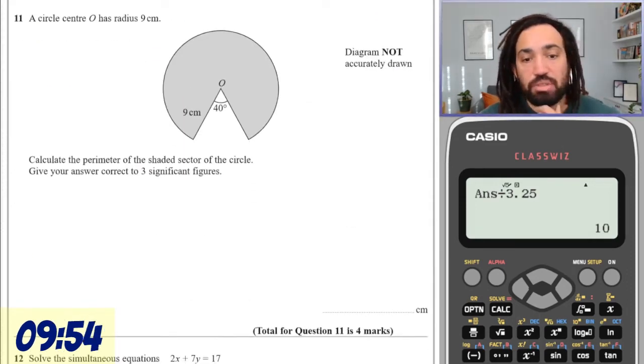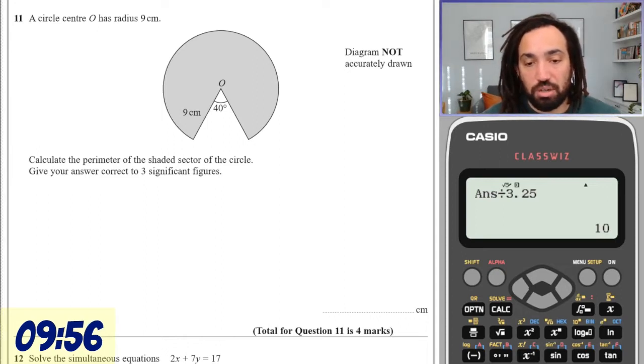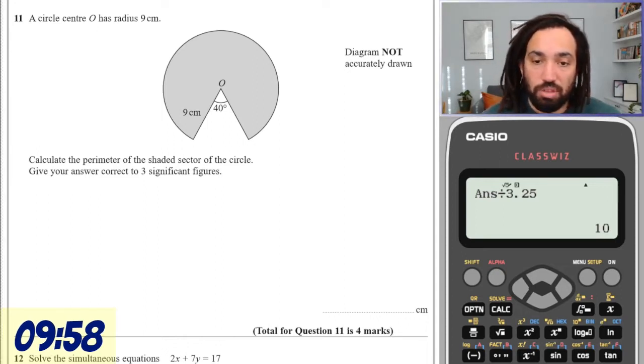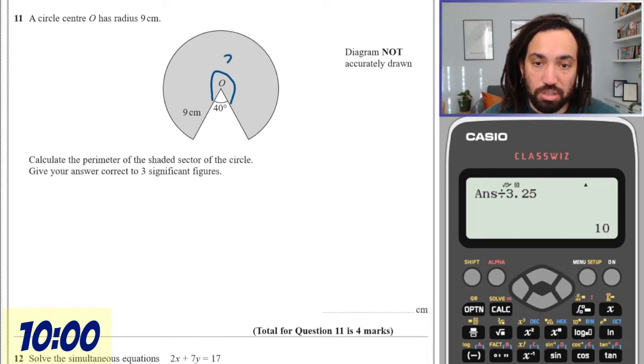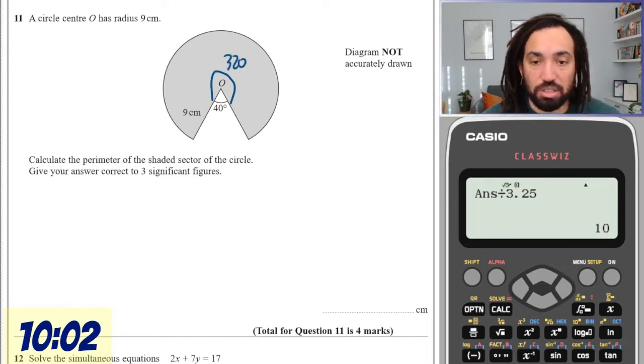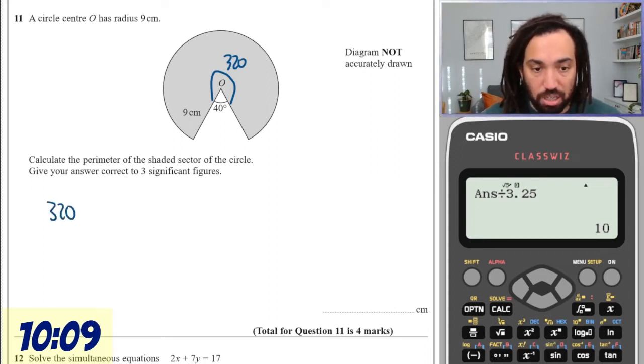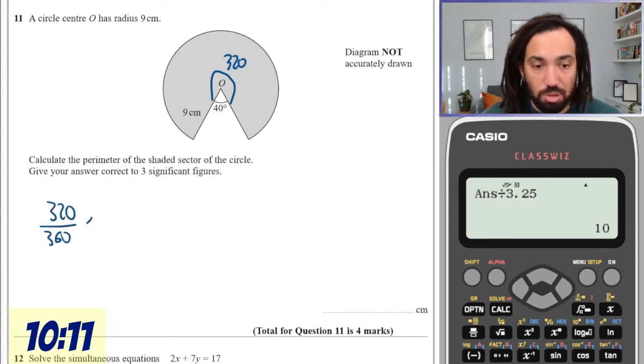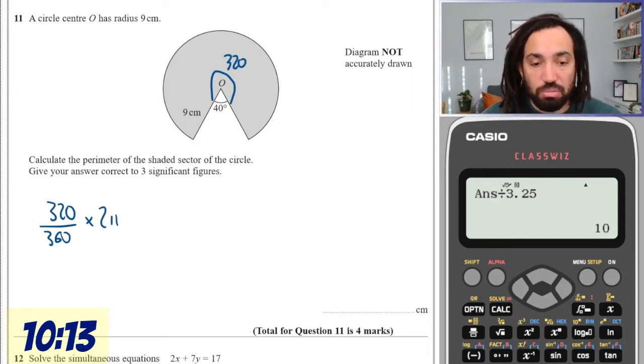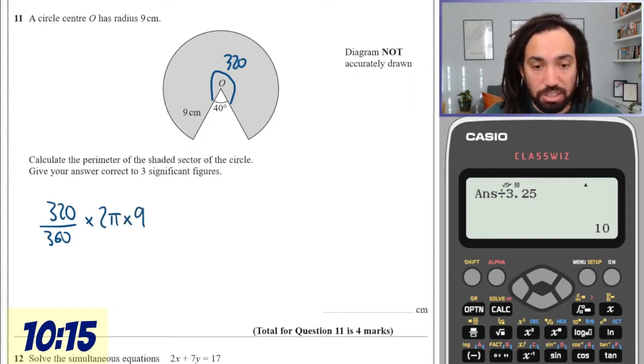Okay, calculate the perimeter of the shaded sector of the circle. Well, that angle in there must be 320 because it's around a circle, and that makes 360. And the perimeter, well, to find the arc, we do the angle over 360 multiplied by 2 pi r, and r is 9.